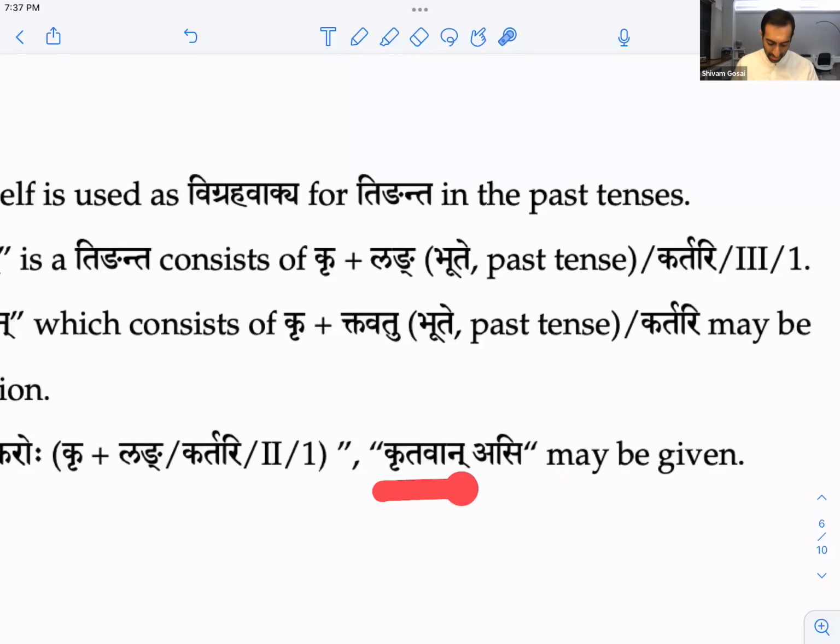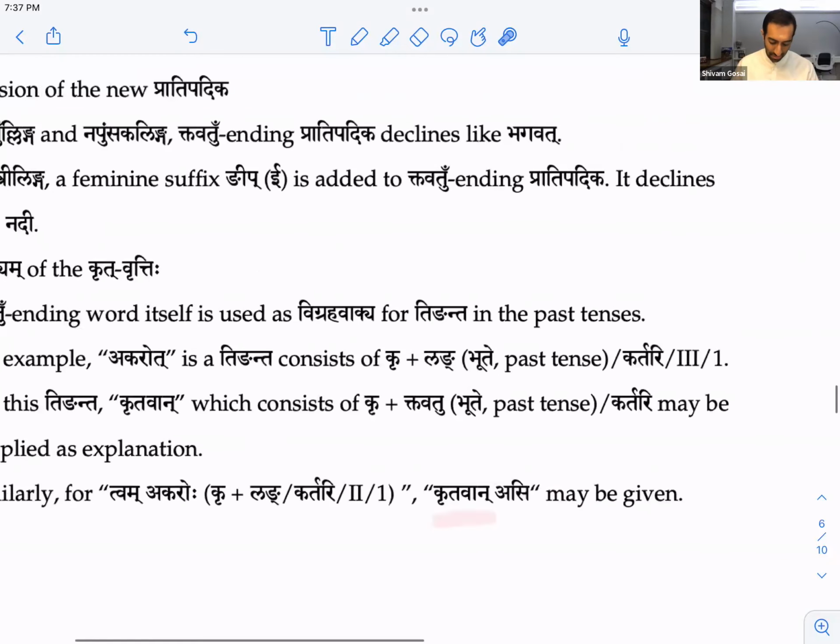This is a Tavatu ending word, bhute past tense, kartari bhute, and so it can also be used to denote the same word. So you can say Akaroh iti Kritavan, or Kritavan iti Akaroh. Either way. But you want to say Kritavan Asi because we don't get that Madhyama Purusha sense just from Kritavan. Okay, there's a question. Yeah, you can go ahead and unmute yourself.